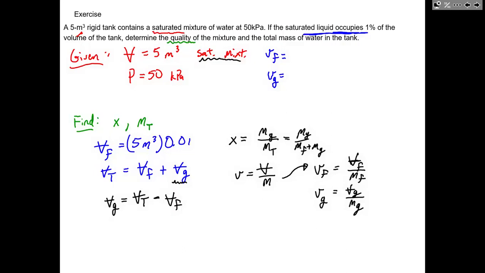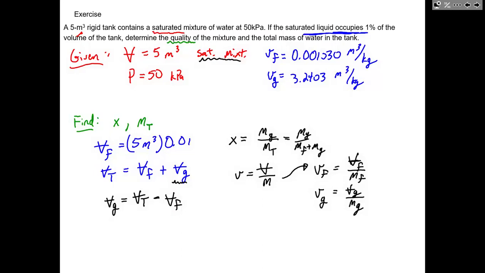So my saturated liquid is 0.001030, and let's go ahead and put the units on that as well. It should be in meters cubed per kilogram. And then we've got 3.2403 meters cubed per kilogram.